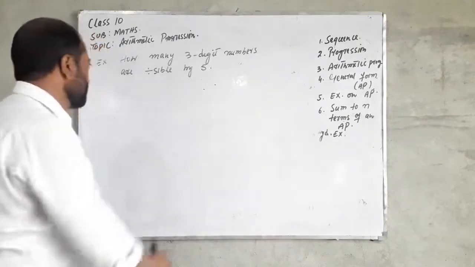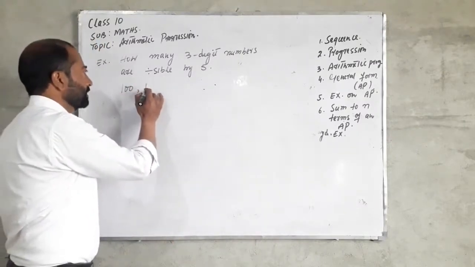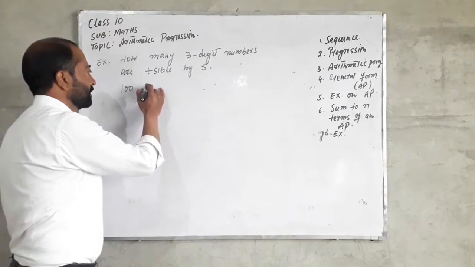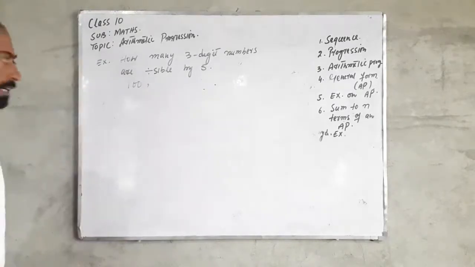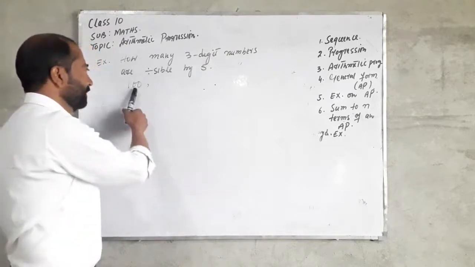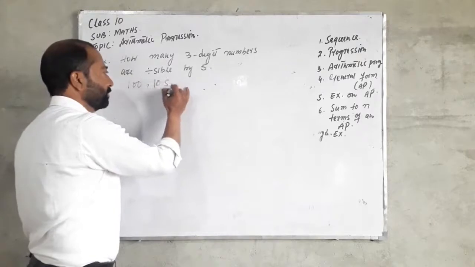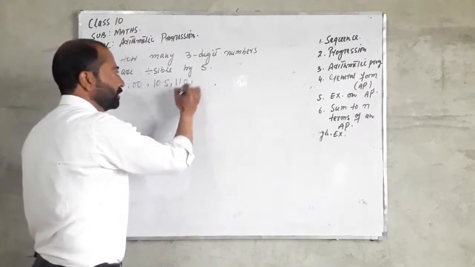here the 3-digit numbers. First 3-digit number is 100. Next one is, the first 3-digit number which is divisible by 5 is 100. Next one is 105. Then we have 110.